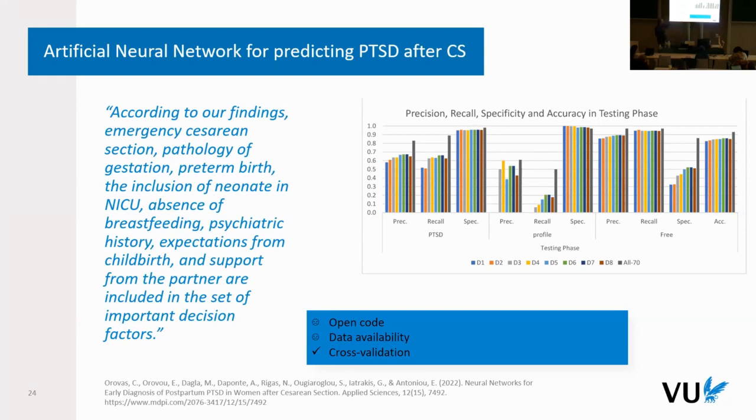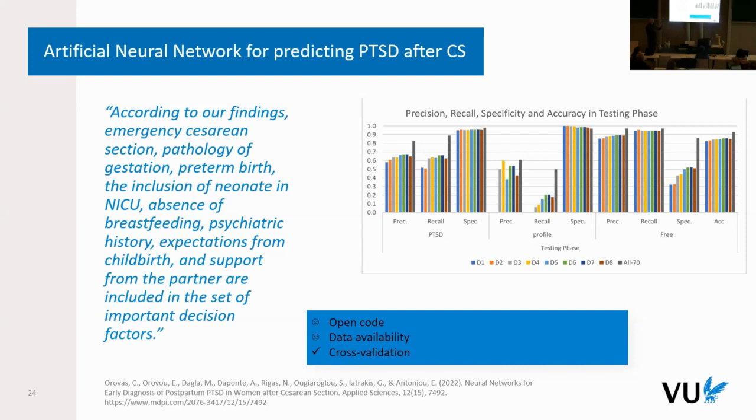And what this graph shows, and the goal is to look whether you can still have a good prediction with as few predictors as possible. And they could get pretty good predictions from having like 7 aspects of the birth, which were in their data sets: emergencies, cesarean section, pathology, preterm birth, being on an NICU, absence of breastfeeding.